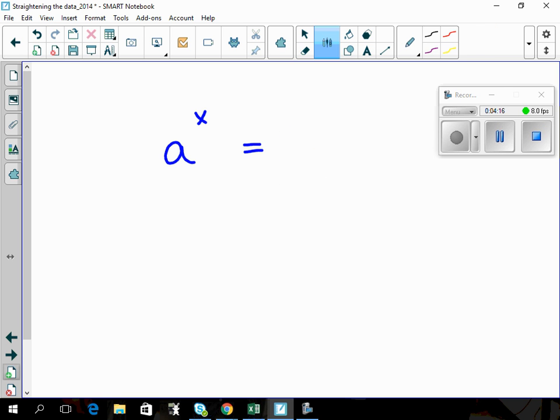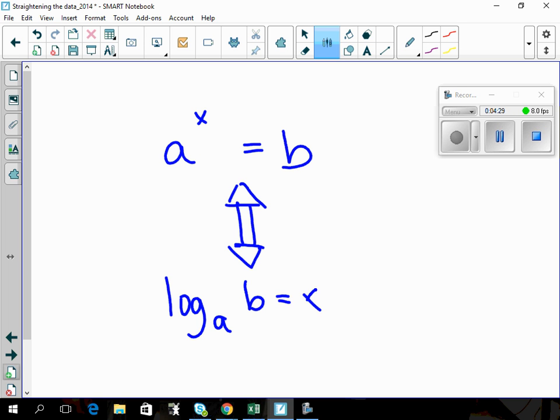A to the x power is equal to b. We can convert that, this is called exponential form. We can convert that to logarithmic form by saying log base a of b is equal to x. Do you agree with that? Does this look familiar to you?